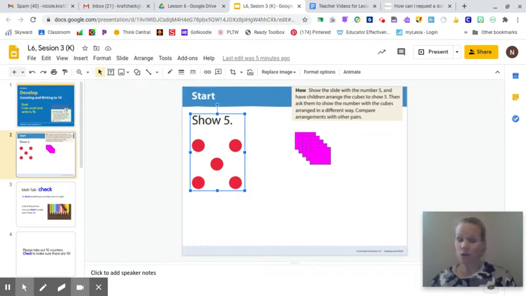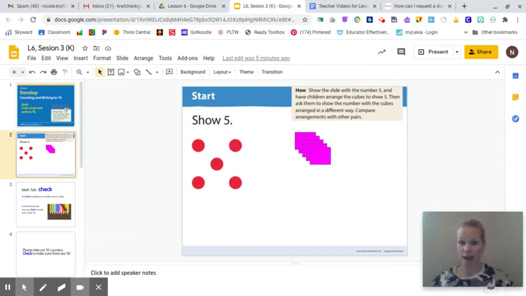What I want you to do is with your counters, I want you to show me 5 and arrange it however you want. You could make your counters look just like this, or you can make them look a different way. But either way, just use 5 counters. All right, please go ahead, and I would like you to pause the video so you can show your 5 counters.